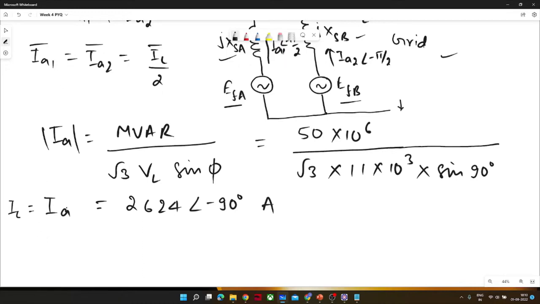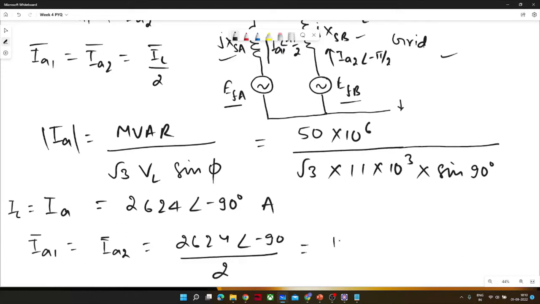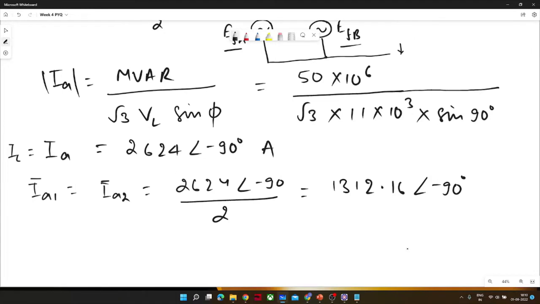Now, if we know IA, we can calculate IA1 is equal to IA2 is equal to 2624 angle minus 90 divided by 2, that is 1312.16 angle minus 90 degree. If all the angles are the same, then we can add arithmetically. We need not worry about the phases here, as all the currents are in phase.